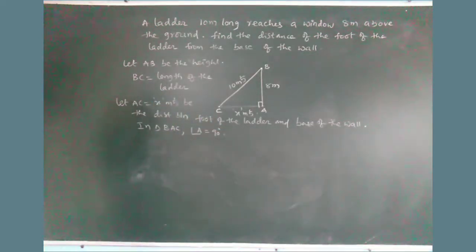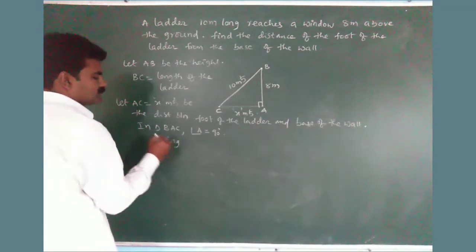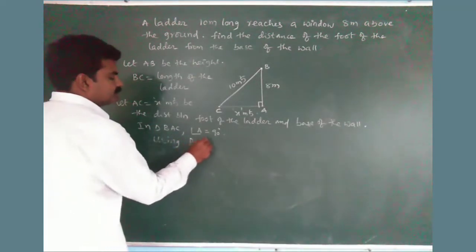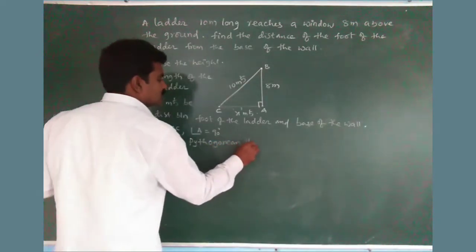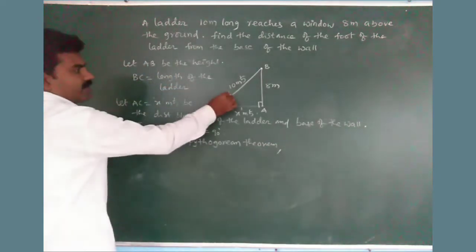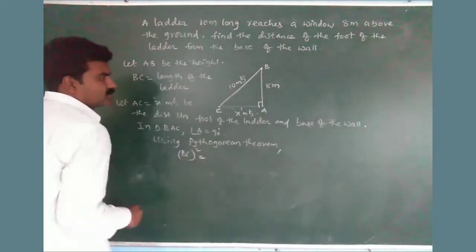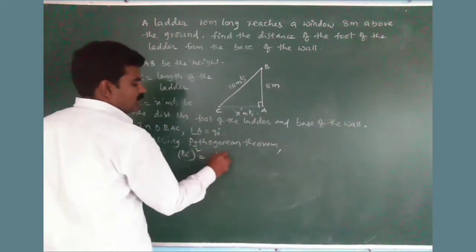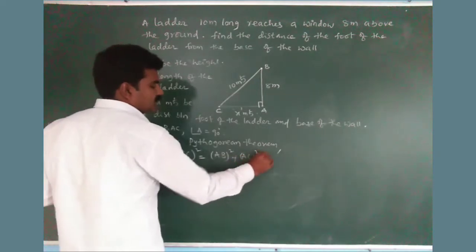So because of the right angle, using Pythagoras theorem or Pythagorean theorem, the square of the hypotenuse, which is BC square, is equal to the sum of the squares of the remaining two sides.